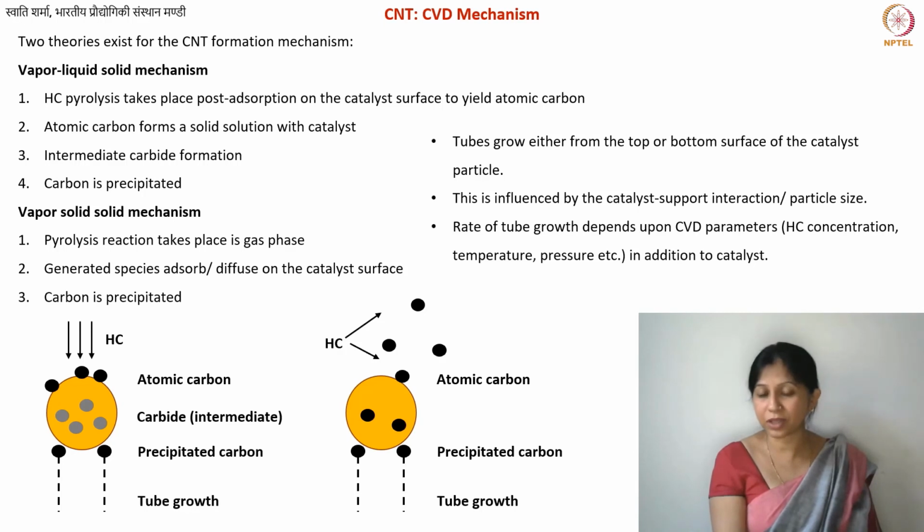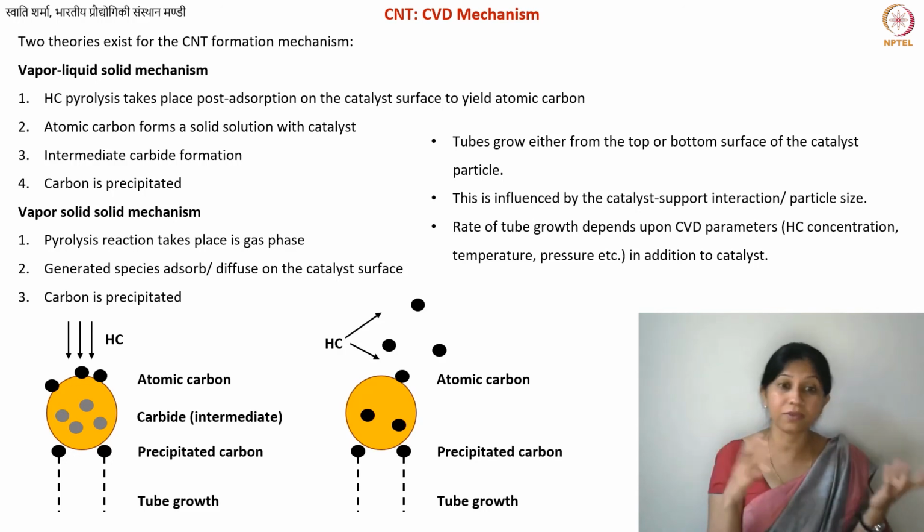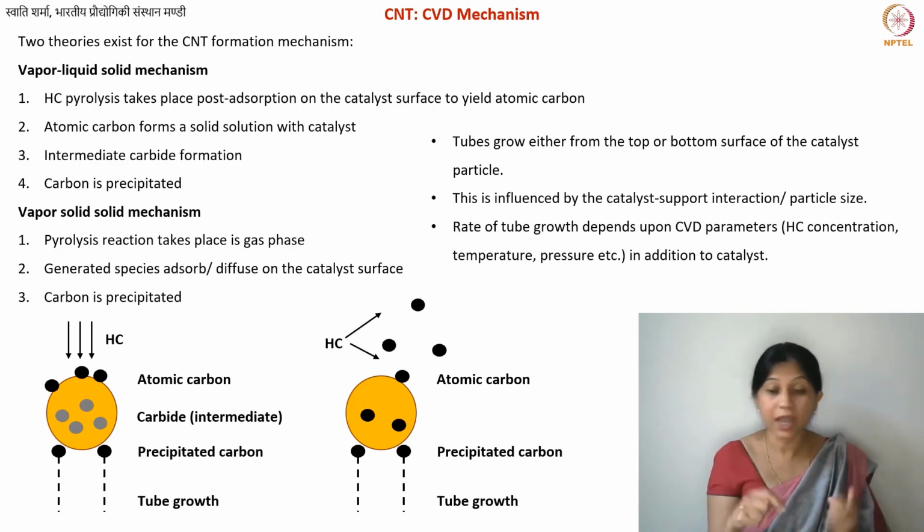All CVD processes have various parameters that need to be optimized. Of course, number one is the temperature. Between 600 and 1200 degrees centigrade, a lot of temperatures have been tried out for different types of precursors. Different pressures, again, lower pressures or higher pressure. High pressure is not higher than atmospheric pressure, but what is the pressure that you'd like to use?